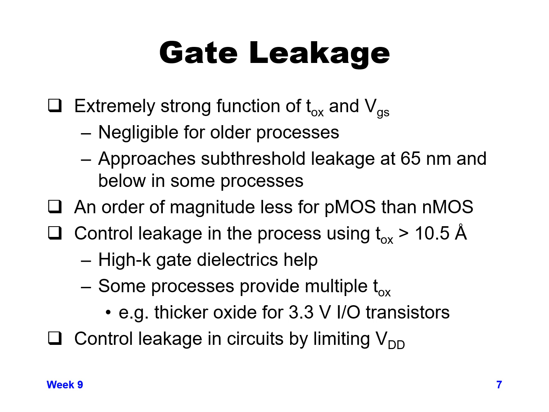But even with this, some processes will provide multiple oxide thicknesses in order to reduce gate leakage. In particular, if you have I/O transistors or transistors that need a larger voltage to run, you definitely need a thicker oxide in order to withstand the higher voltages without causing tunneling through the gate and without causing extreme amounts of leakage through the gates.